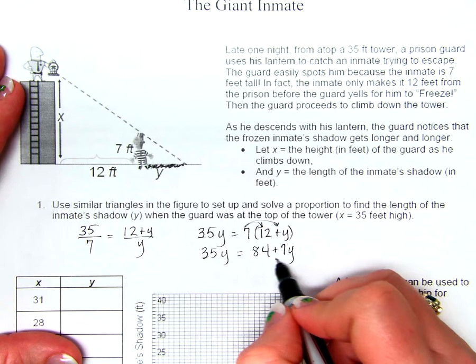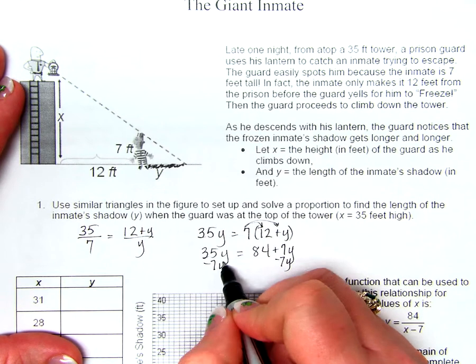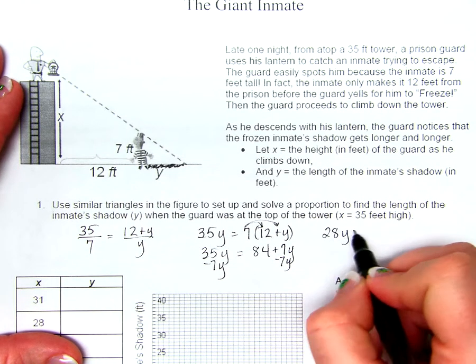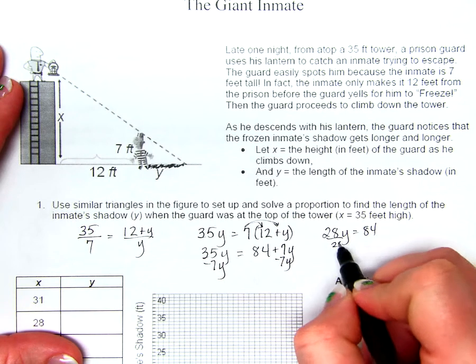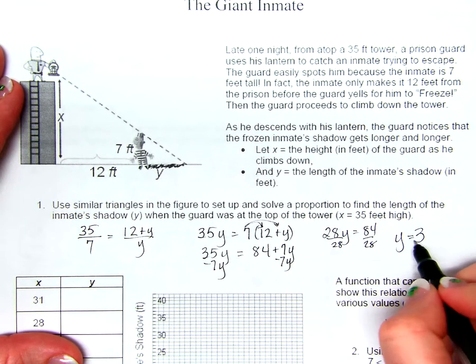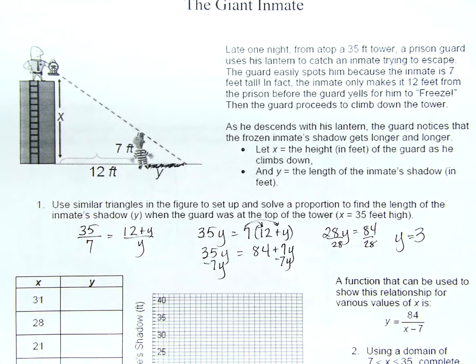To solve for y, I just subtract 7y from both sides. So 28y equals 84, and then divide everything by 28. y equals 3. So at the time that the guard was at the top of the tower, the inmate's shadow was 3 feet long.